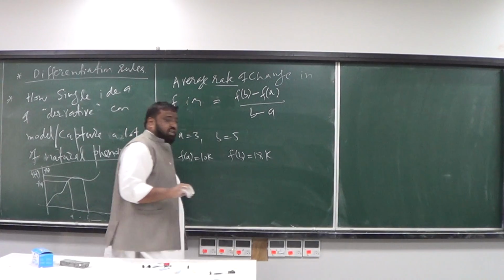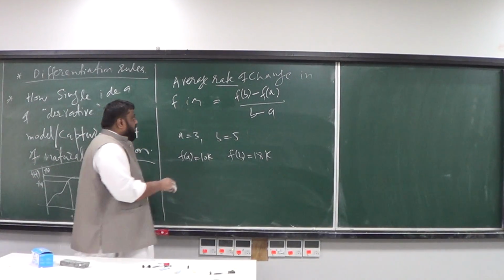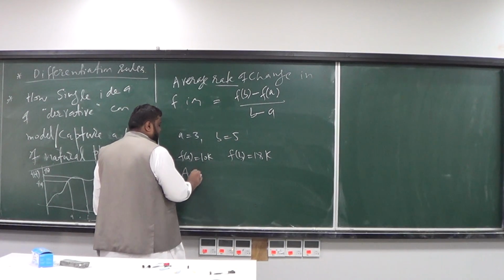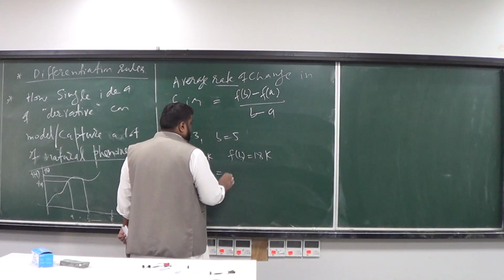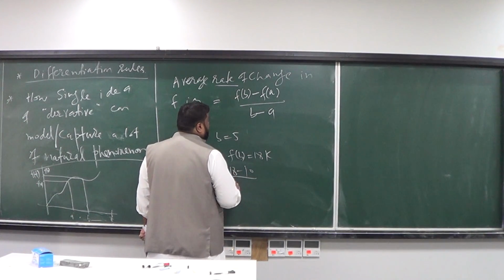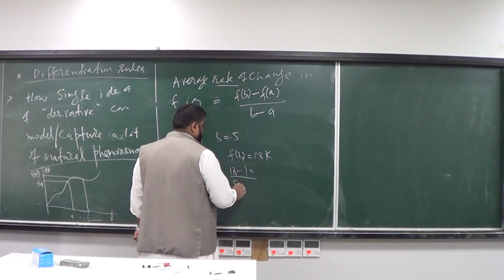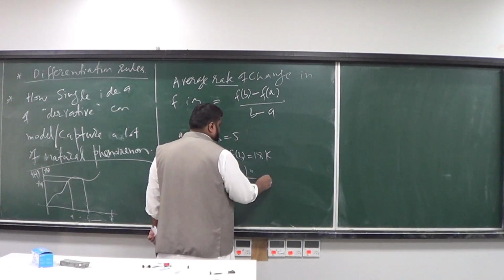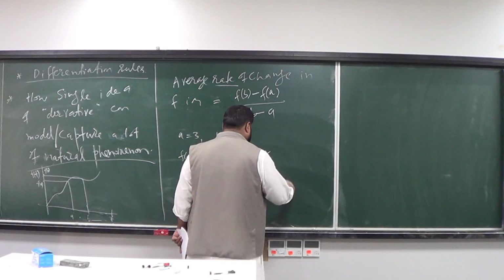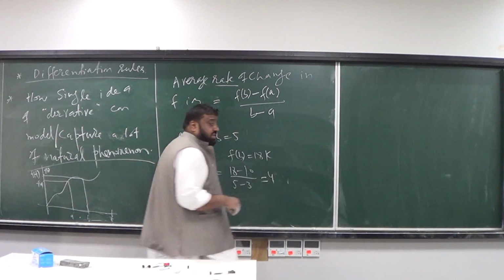Then what would be the average rate of change between 3 to 5 months? It is going to be 18 minus 10 over 5 minus 3, so it's going to be $4K. So it's going to be 4.